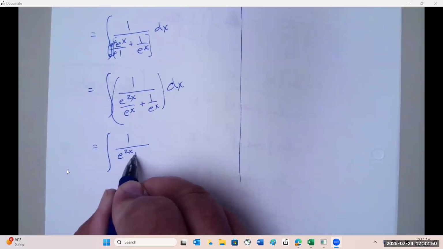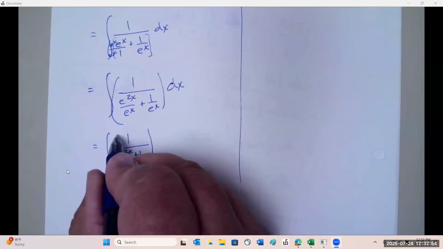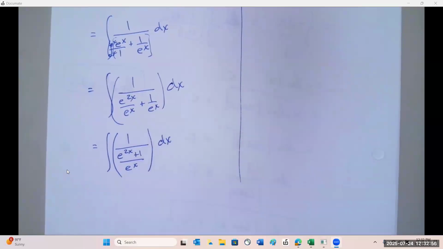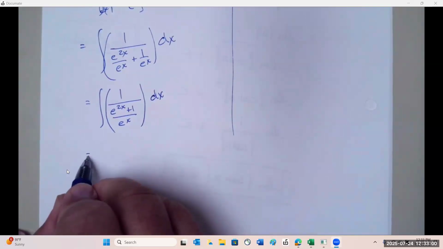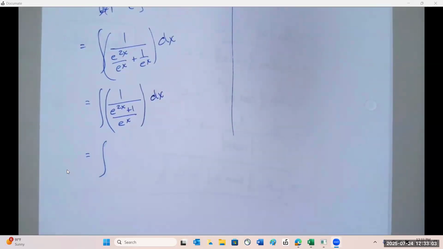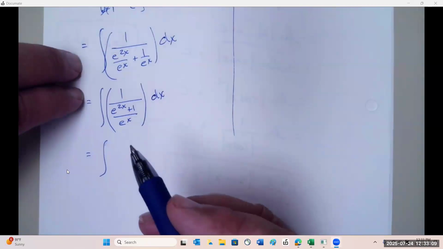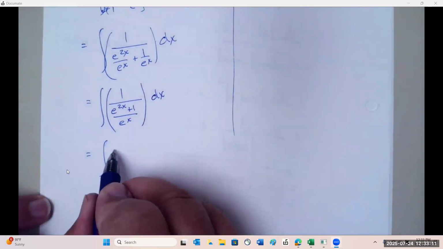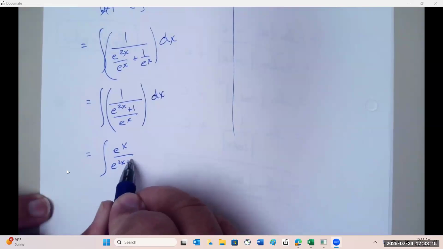So it's e to the 2x plus 1 over e to the x. We have a fraction over a fraction. So leave the top fraction alone, which is a 1. Flip the bottom, we get e to the x over e squared x plus 1.